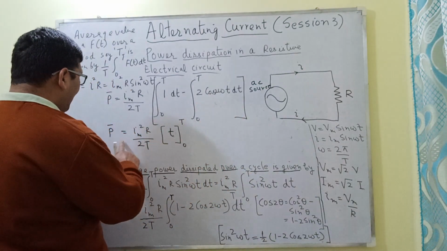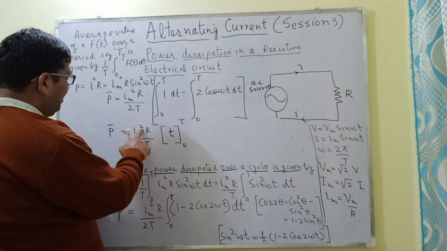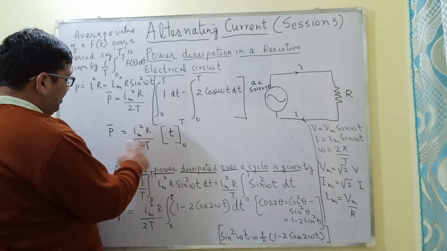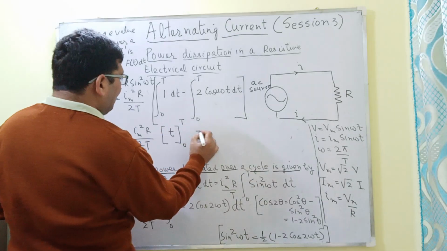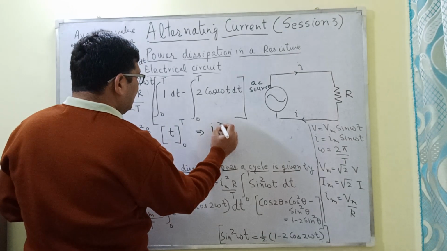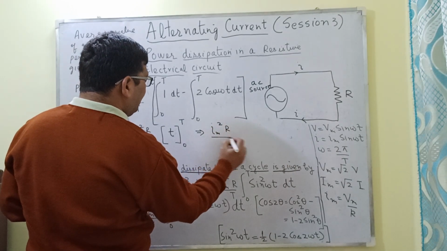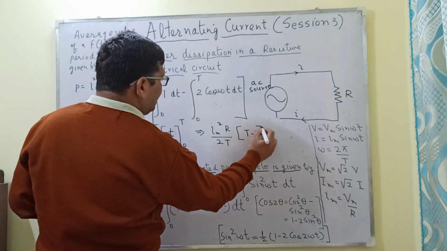So finally I am getting the value of this average power as I m square R divided by 2T, times T minus 0.